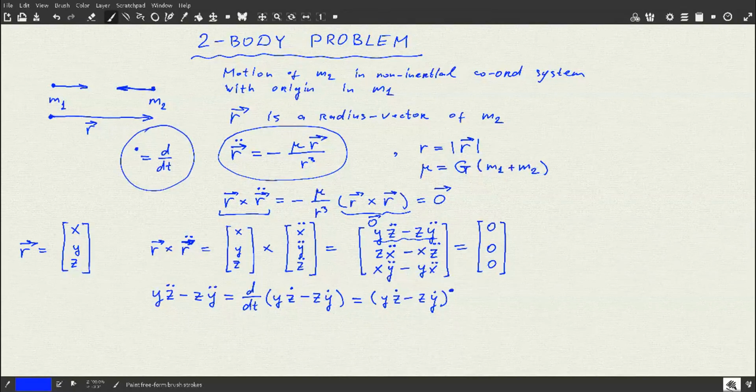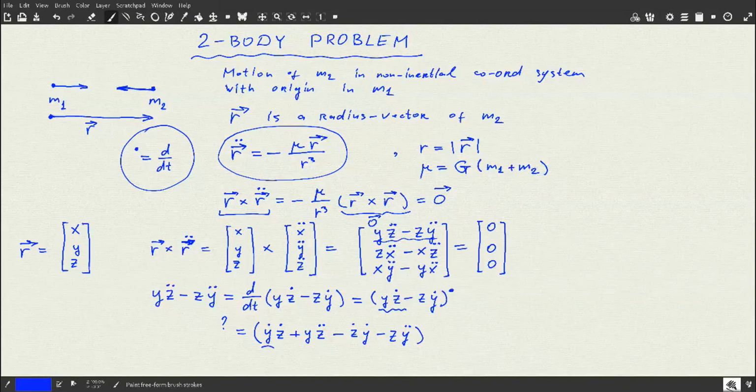Why is that? Let's really expand the right-hand side and see. So what do we get if we expand it? It is y dot z dot plus, differentiating the product, first differentiating the first term, y dot, the second one unchanged, z dot, plus y z double dot, minus, differentiating the second term, z dot y dot, minus, because there is a minus in front, z y double dot.